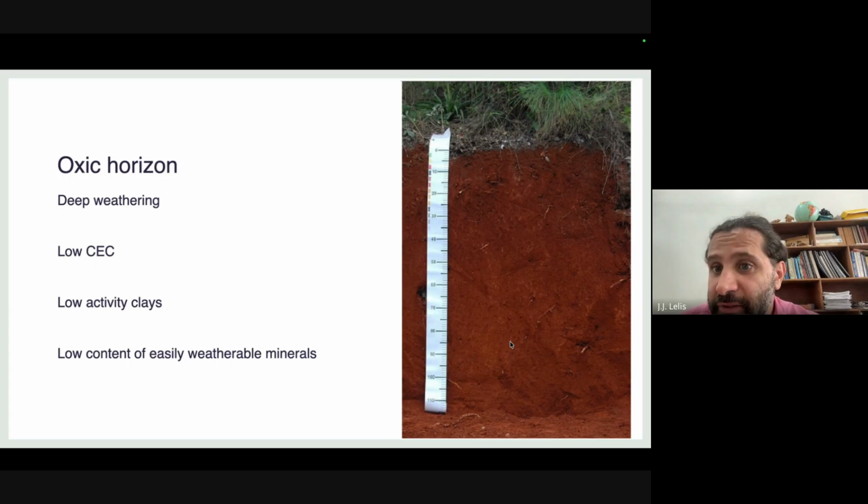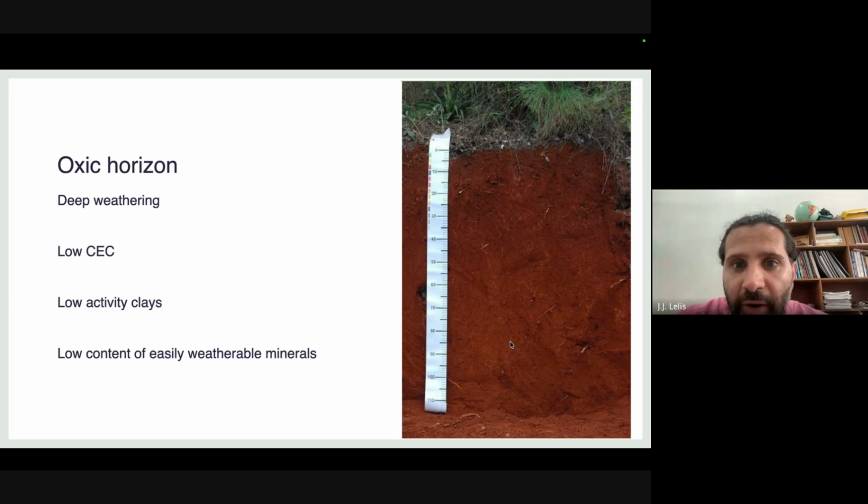Even kaolinite will be destroyed. So even kaolinite, which is a quite stable mineral, in some cases could be intensively destroyed, and the content of this mineral will reduce a lot. And in this case, you start to see a lot of gibbsite, aluminum oxide, and it expresses quite intense chemical weathering.